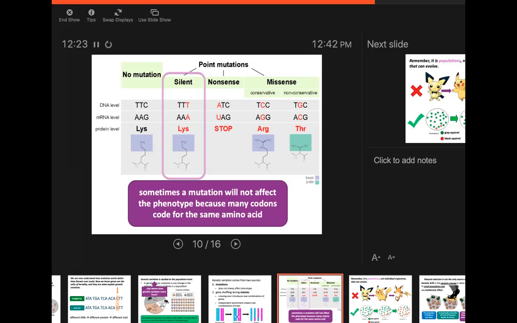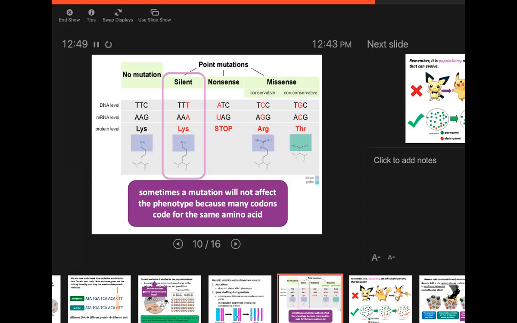So up here, sometimes a mutation will not affect the phenotype because many codons code for the same amino acid. And we saw that when we did the codon charts.